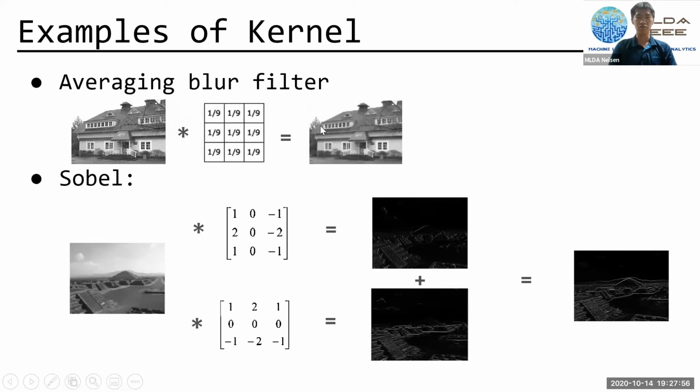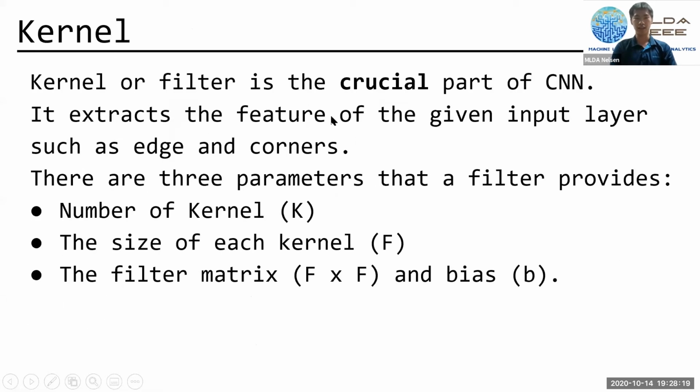When you do convolution with this specific kernel, it will generate this image. Similarly, there's another kernel called Sobel, which does edge detection. If you do convolution with two of these, you will get the edge. That's what I mean by kernel.